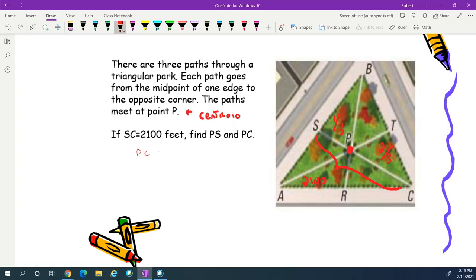So PC equals 2/3 of 2100, or 1400 feet. PS equals 1/3 of 2100, or 700 feet.